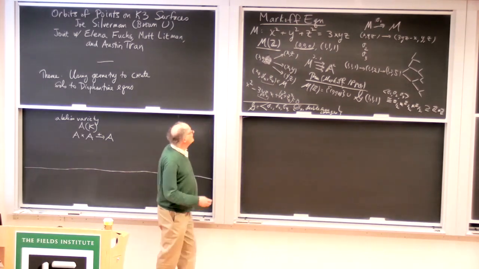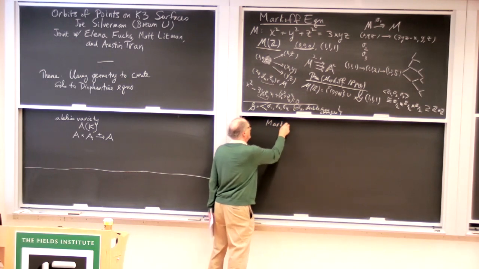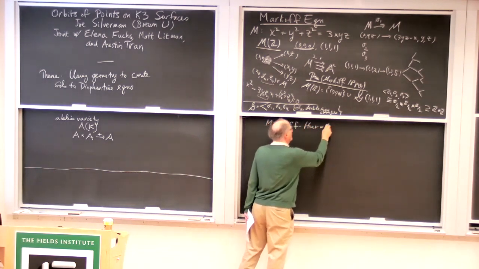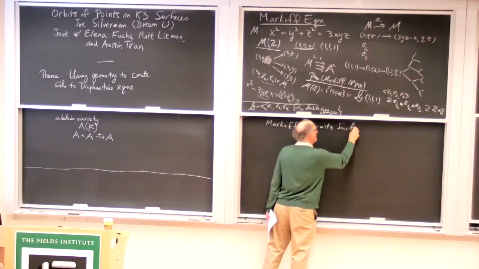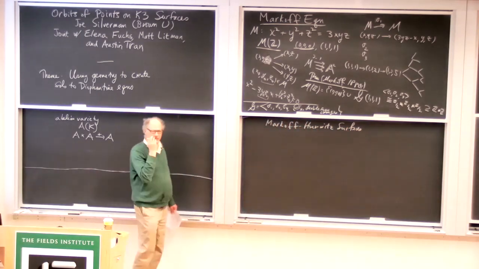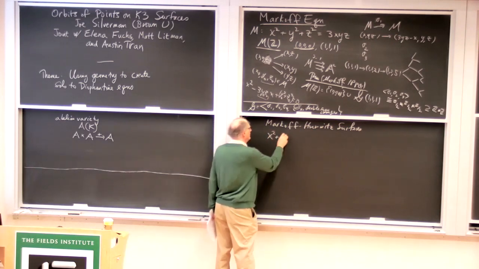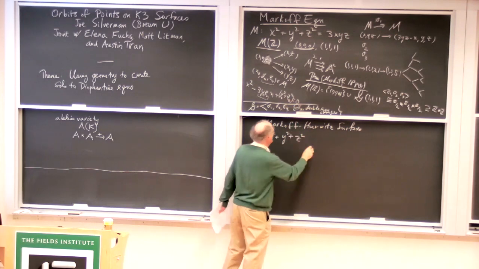Okay, so we can generalize this a little bit to what are often called Markov-Hurwitz surfaces or equations. You can imagine that there are lots of other things I can do.